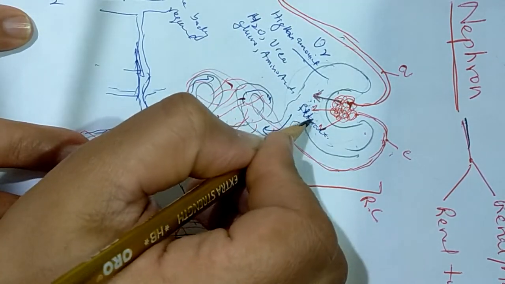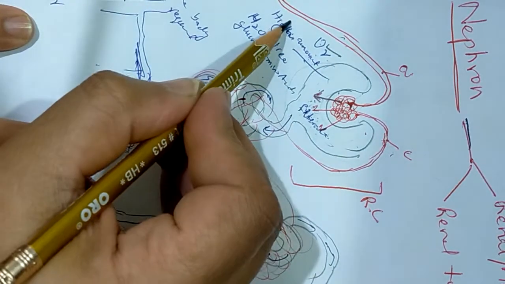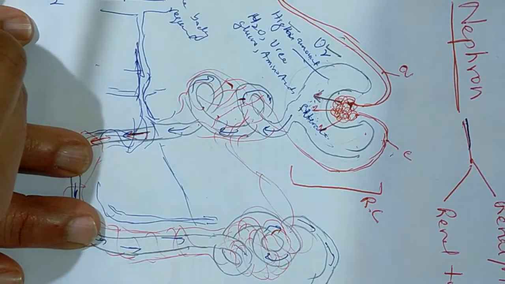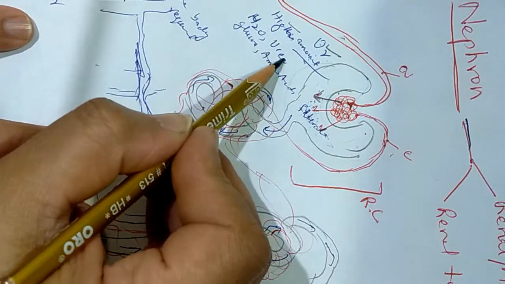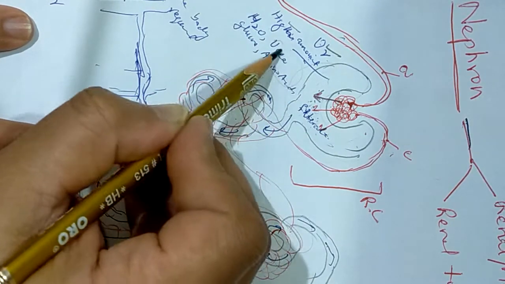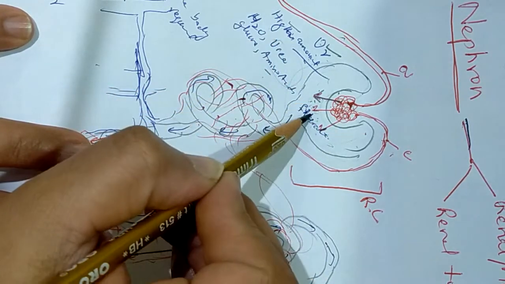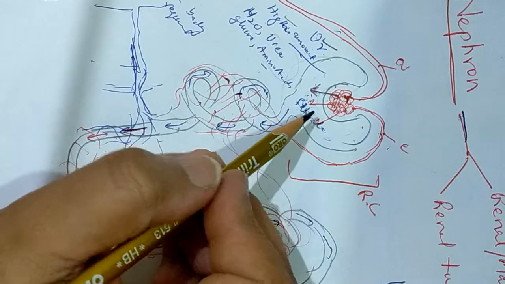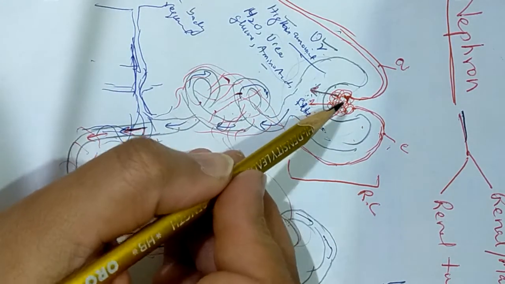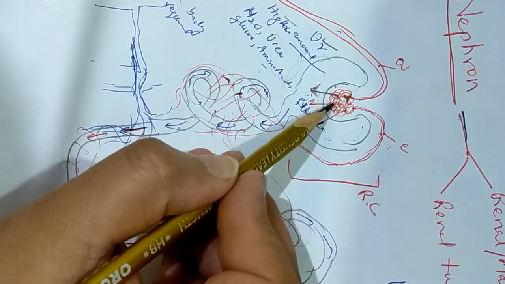This filtrate contains a high amount of oxygen, a large amount of salts and water, and urea, nitrogenous waste material, and amino acids. Remember one thing, that red blood cells, platelets and other proteins which are larger in size will stay here in this glomerulus region.